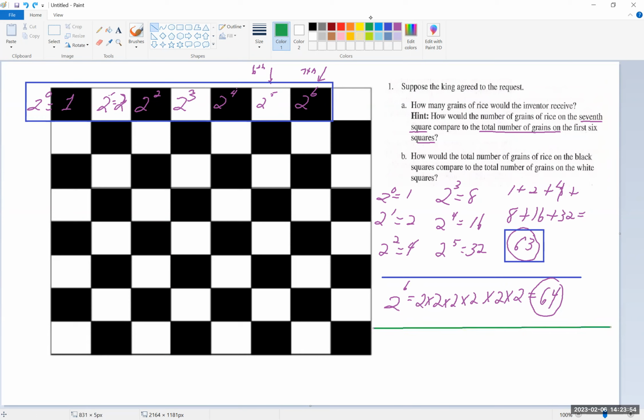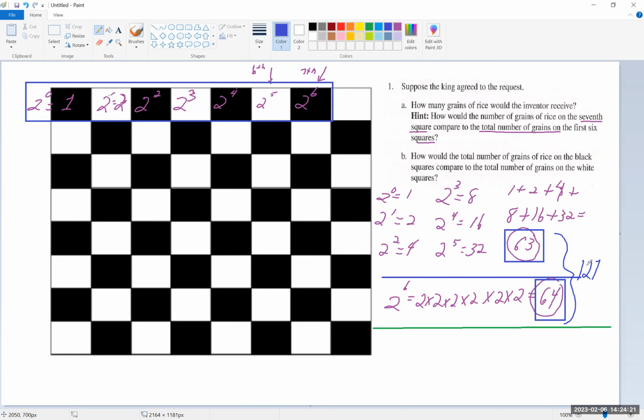But in case you're not, I think you agree with me that if you add all 7, I had put a box around it. I'm not sure what happened to my box. Let me put a box around it. If you add all 7 of them together, you get 127.